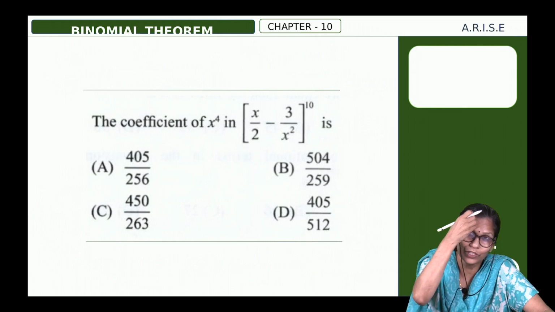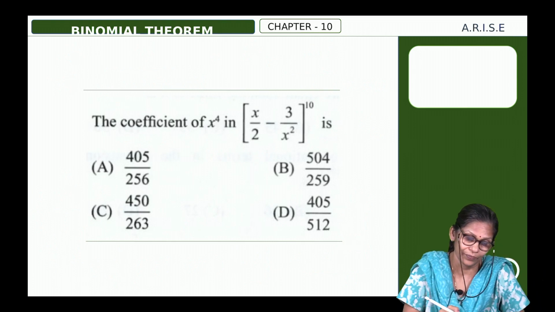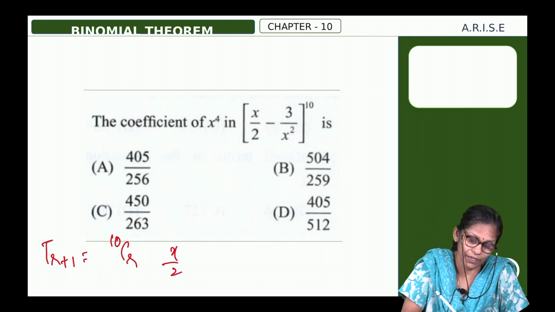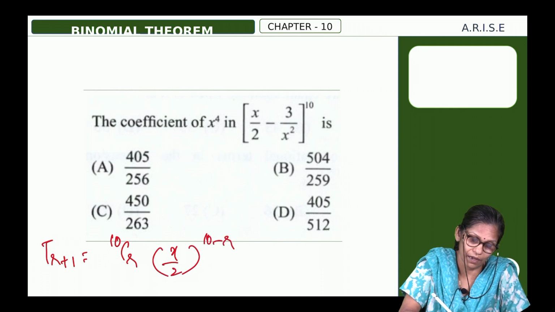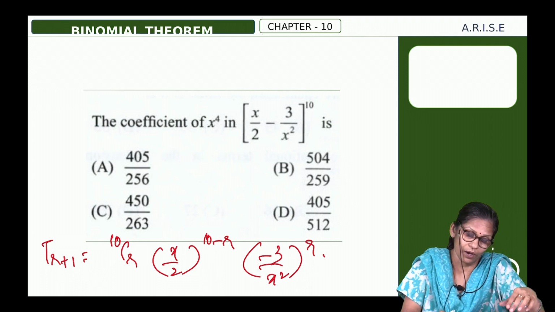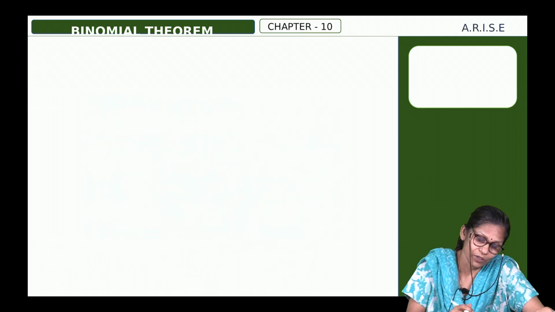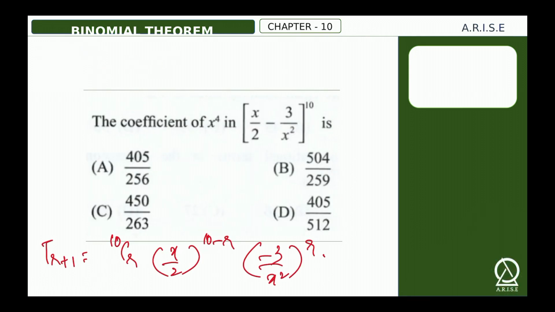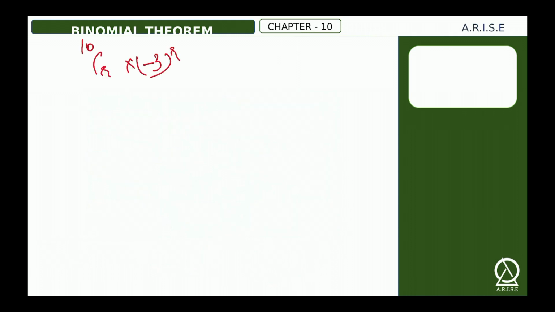Now, the coefficient of x raised to 4 here. So, what is the general term? It is 10cr x by 2 raised to 10 minus r, minus 3 by x squared the whole raised to r. So, group the terms with and without x, 10cr into minus 3 raised to r divided by 2 raised to 10 minus r.